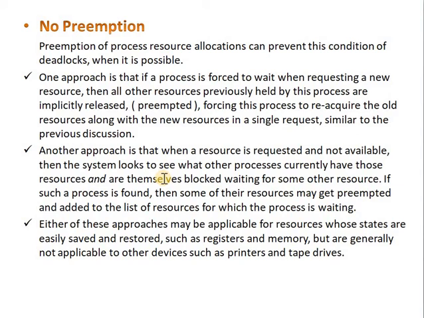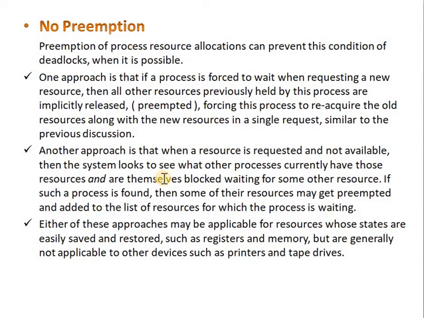That means it checks, for example, a waiting queue. Suppose in a waiting queue, one process requires additional resources. In this case, we preempt the required resources of the waiting processes, and the resources are given to the currently running process. This is the no preemption condition.